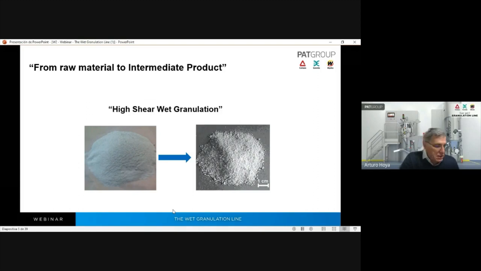This transformation implies not only particle size enlargement, a new particle shape, and more density, but also, very important, the API, the active, bound to the granules. This is very important to avoid segregation. And other transformations occur when we make wet granulation in high shear.